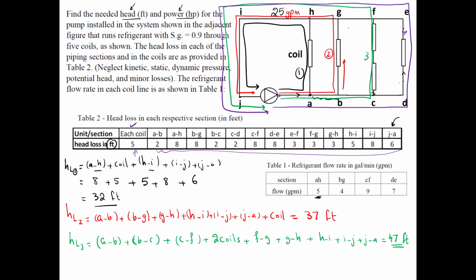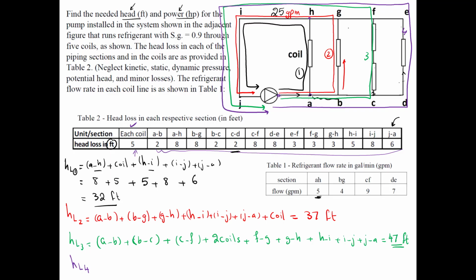The last one, I'll just point it. So we have AB, BC, CD, and then DE, one coil, and then EF, FG, GH, and then HIJ, and back to A. The difference in one of the coils would take care of the additional head loss in CD and EF.